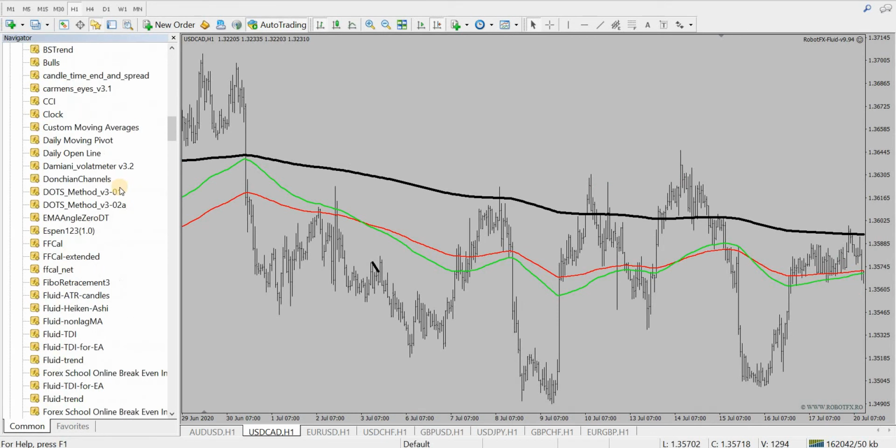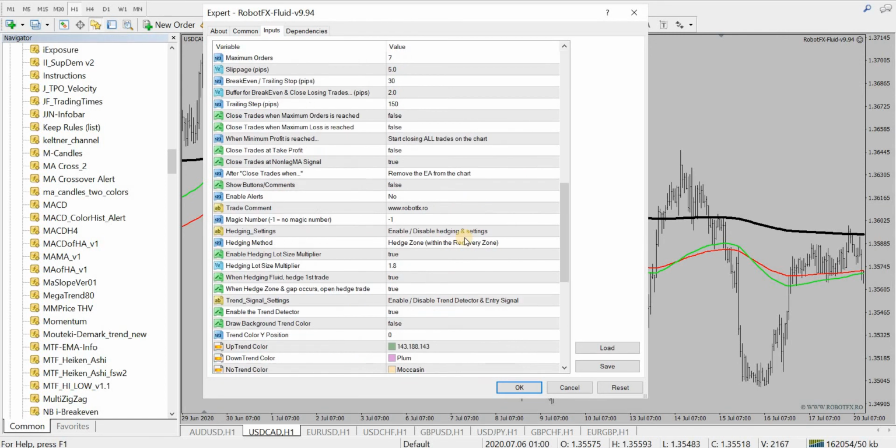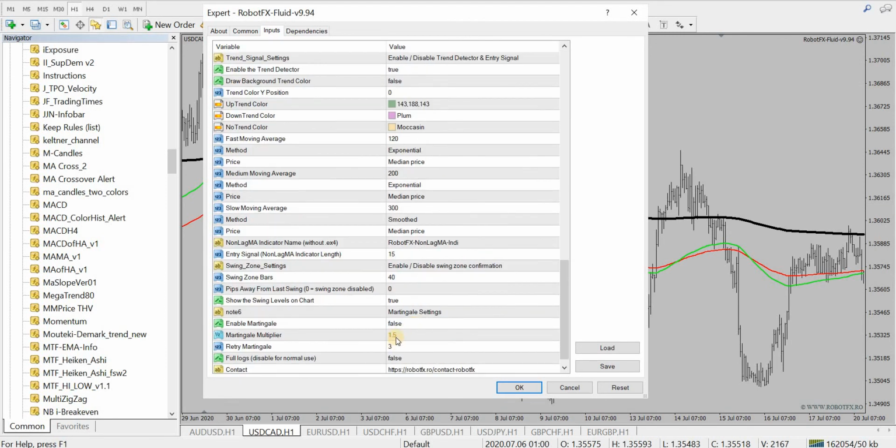What I'm going to do now is attach the signal indicator, which is in the expert advisor settings right here, the entry signal. It's the non-lag moving average indicator, and the expert advisor uses only the length, the signal length.